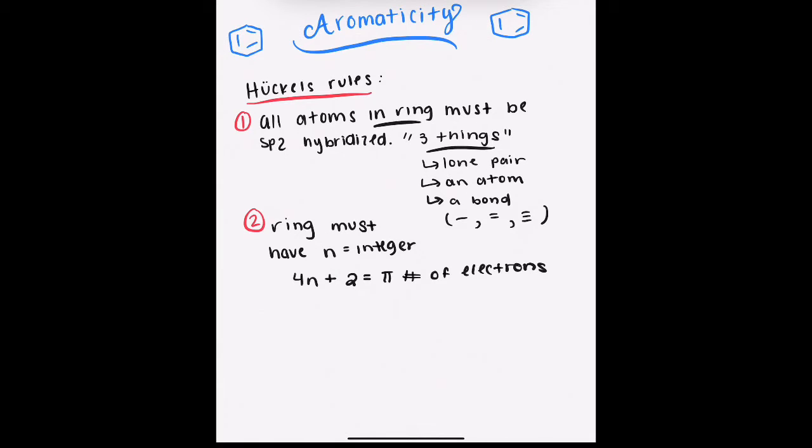That being, the pi number of electrons would be a bond.